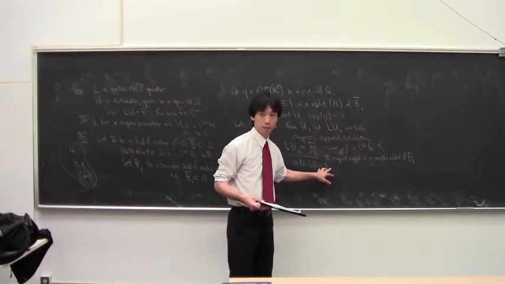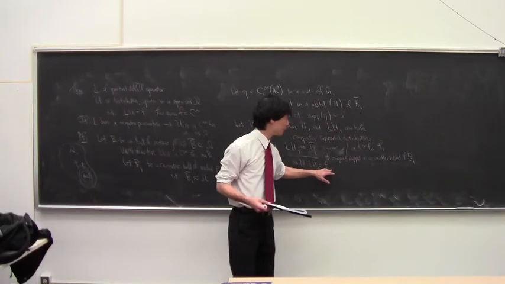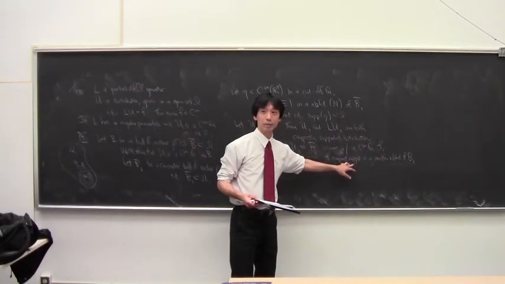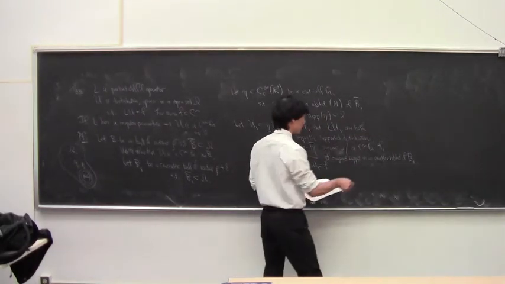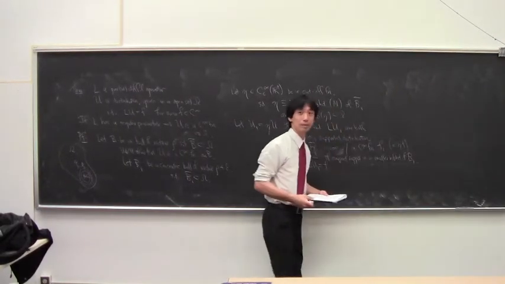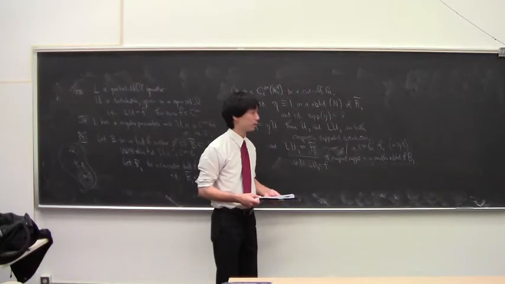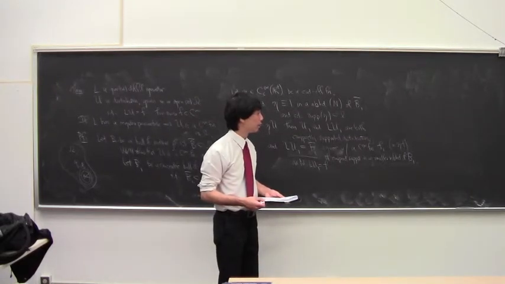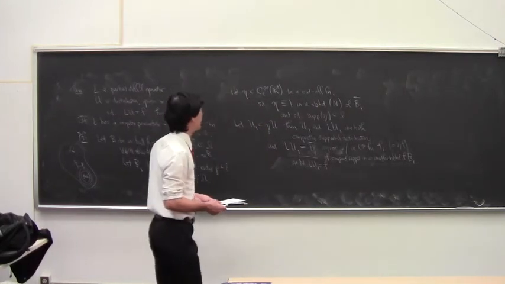You're just cutting off, trying to make a version of F that is compactly supported in a neighborhood of B1. Would you need a smaller neighborhood? Yeah, I guess so.